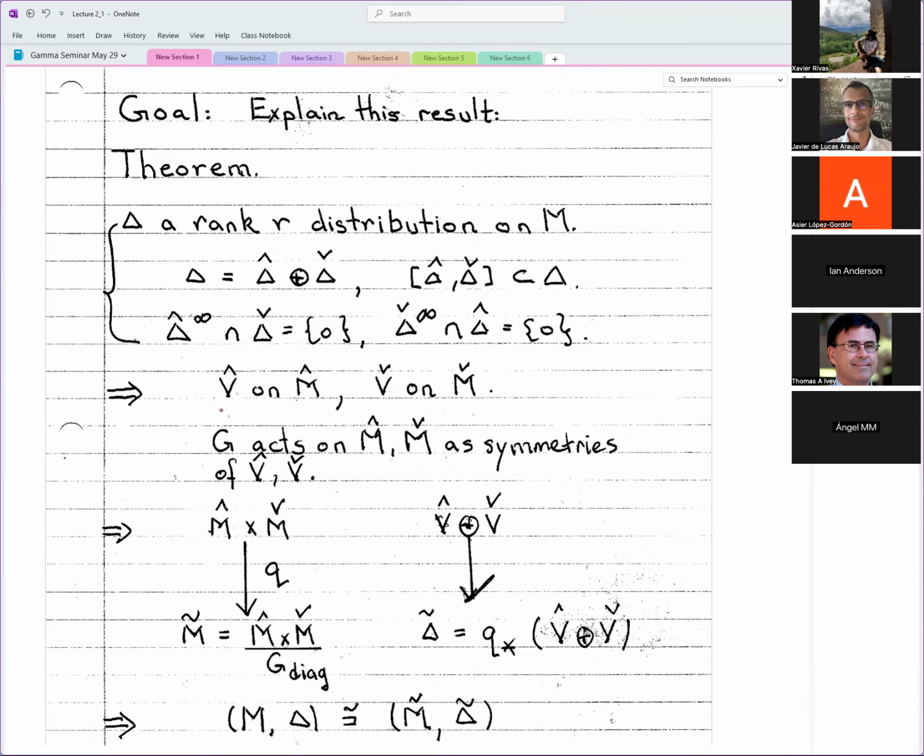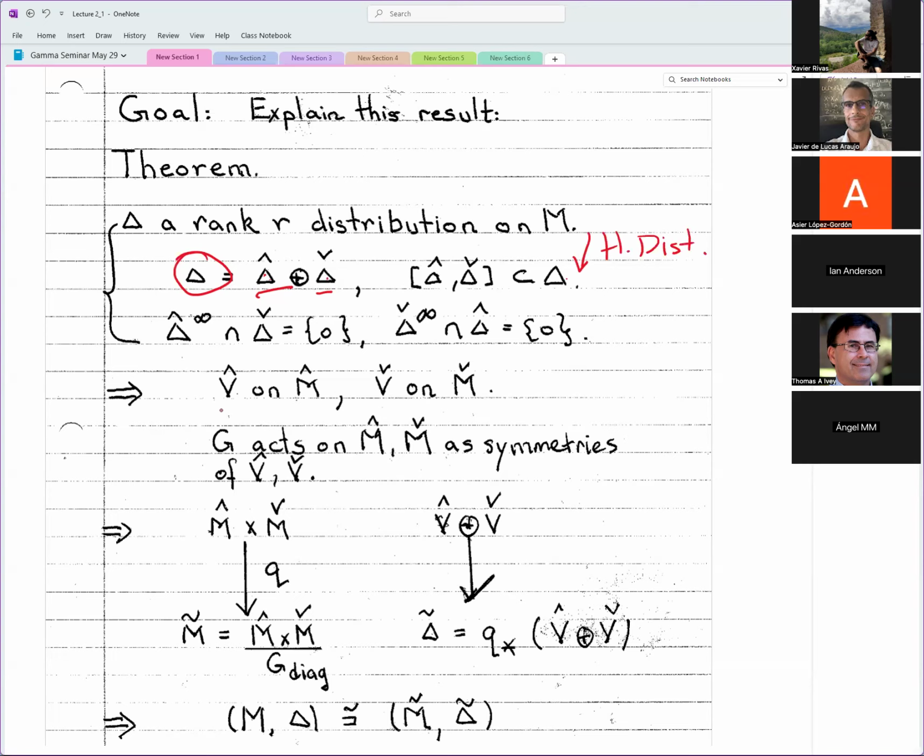Our starting point is a distribution delta, and we assume that delta is a direct sum of two subdistributions with the property that the Lie bracket of vector fields in this distribution and vector fields in the check distribution stay in delta. This is what we called a hyperbolic Darboux distribution.